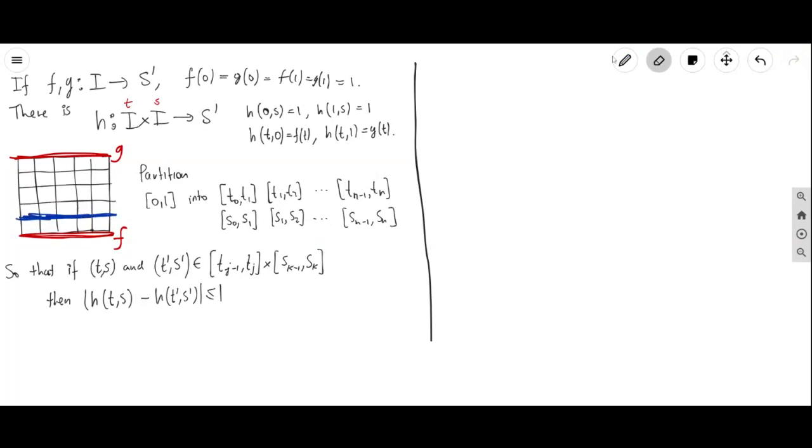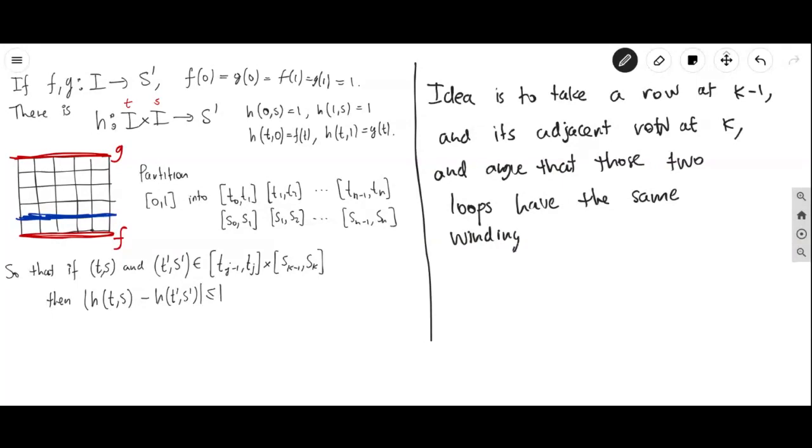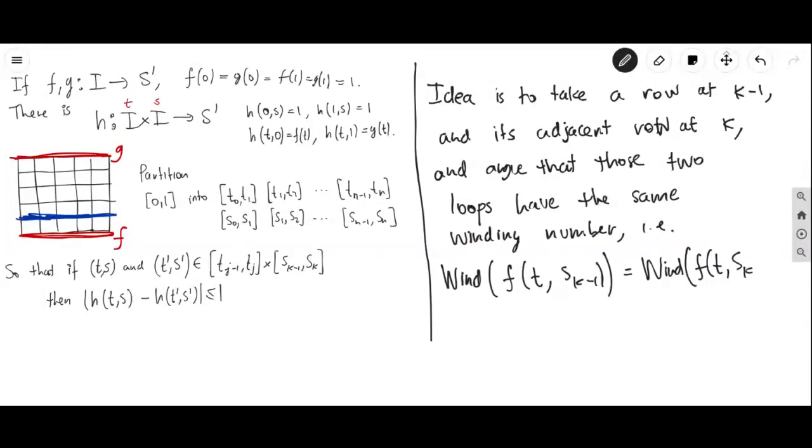The main idea is you're going to take two adjacent rows, a row at k minus 1 and its adjacent row at k, and argue that those two curves, those two loops, have the same winding number, i.e., the winding number of f(t, s_{k-1}) is equal to the winding number of f(t, s_k). That's what we're arguing.